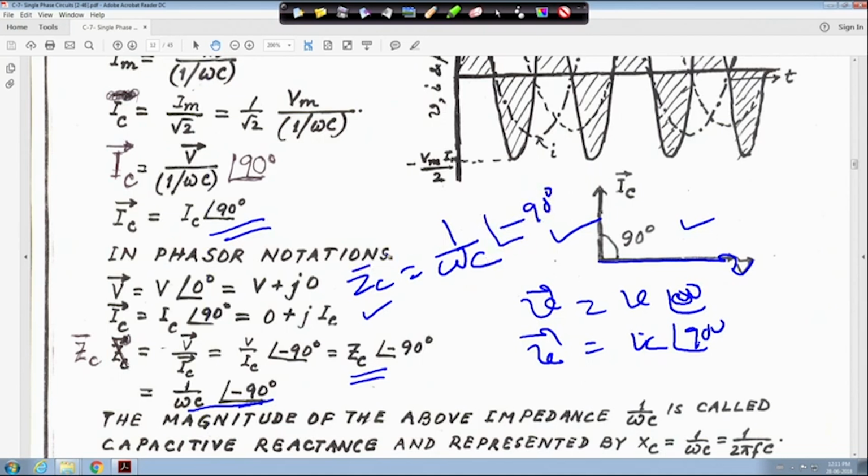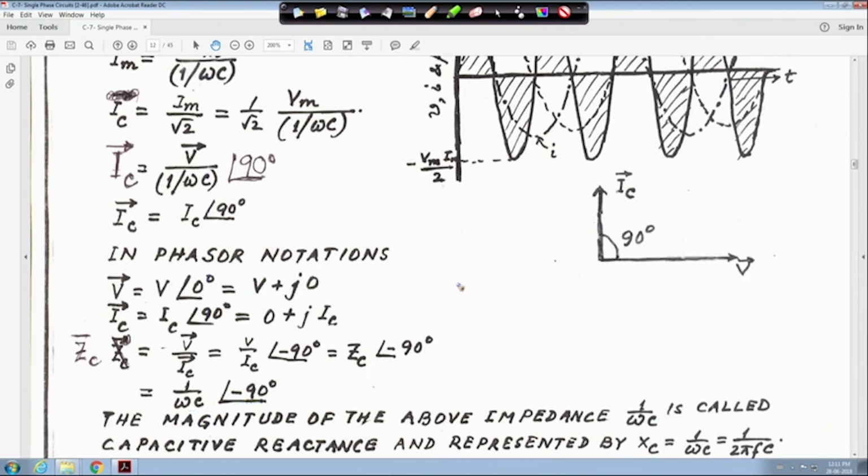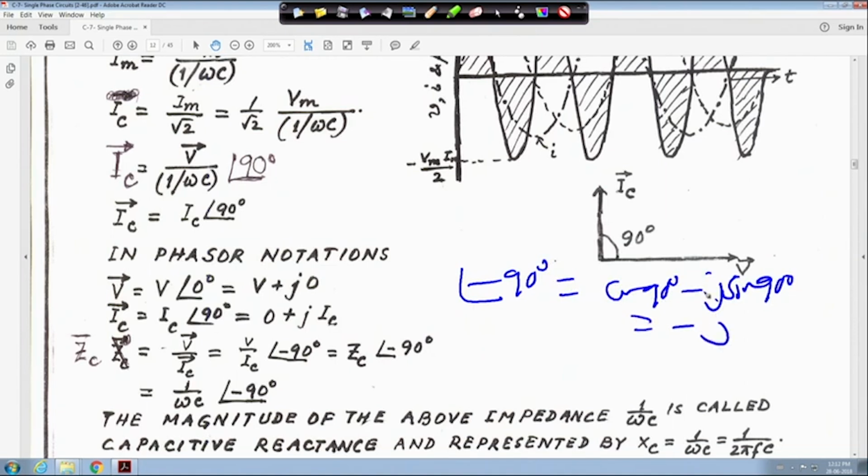So, it is actually minus j upon omega c, right, because angle minus 90 degree is equal to cos 90 degree minus j sin 90 degree, which is equal to minus j, multiplied by 1 upon omega c.